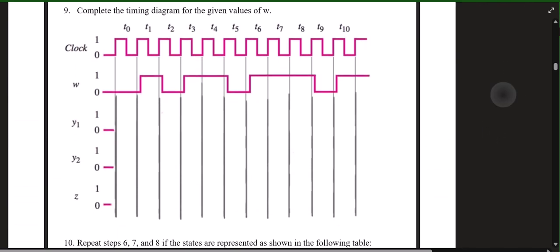All right. Complete the timing diagram for the given values of W. So what you need to remember here is that you're going to be looking at the previous values to figure out what your output is.